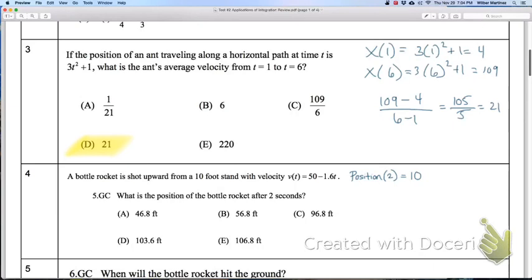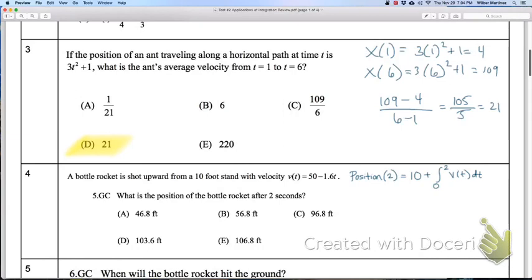So in this case, it's telling us that it starts at 10 feet because it's shot upward from a 10-foot stand. So it starts at 10 feet, and then we're adding on how much area has accumulated in between when it started, which was 0 seconds, and the time I'm trying to find right now, which is 2 seconds. And I want to know what is the integral of the velocity function.